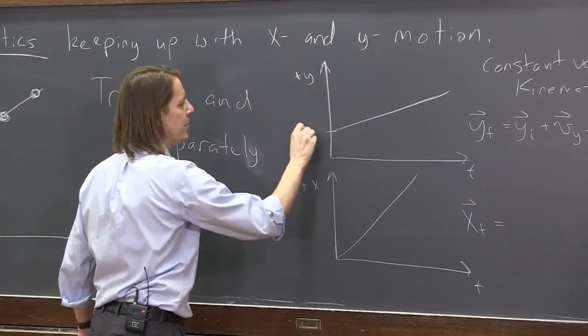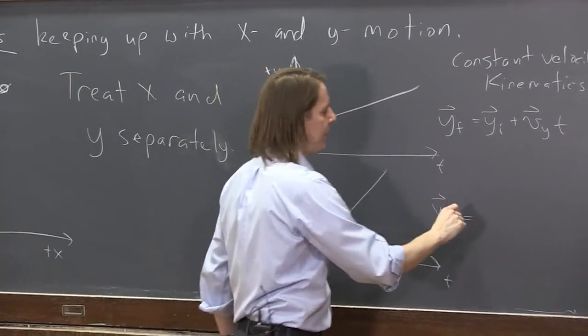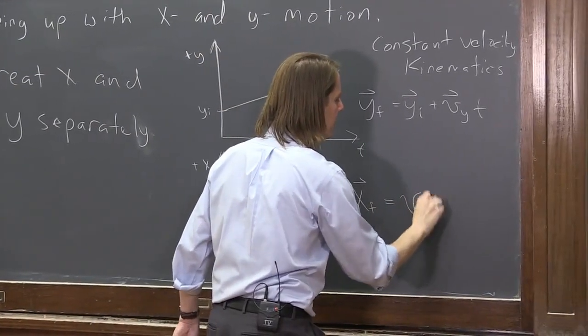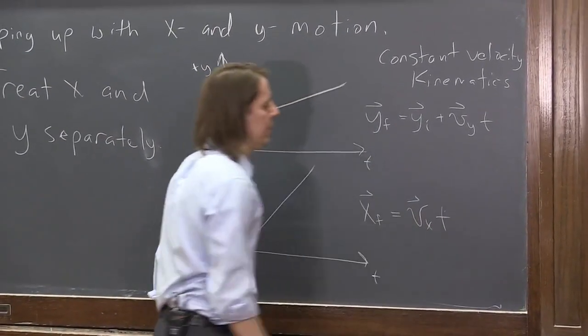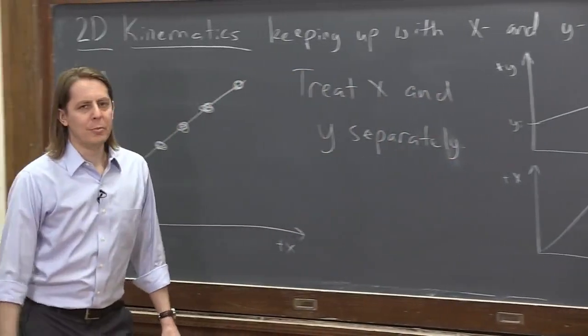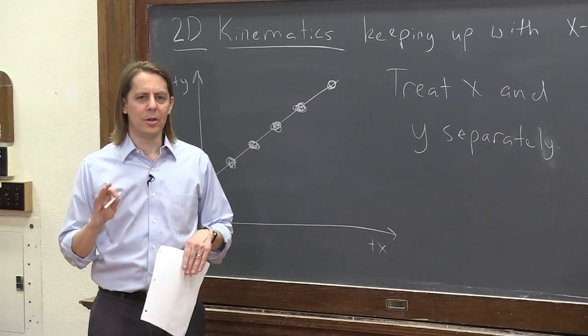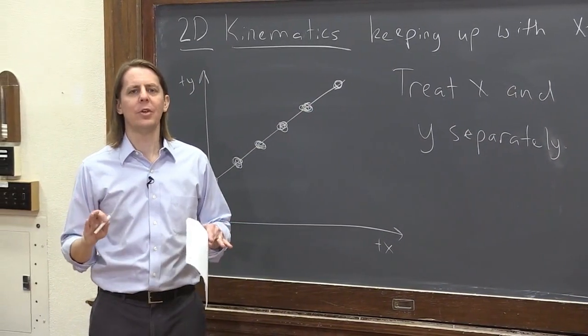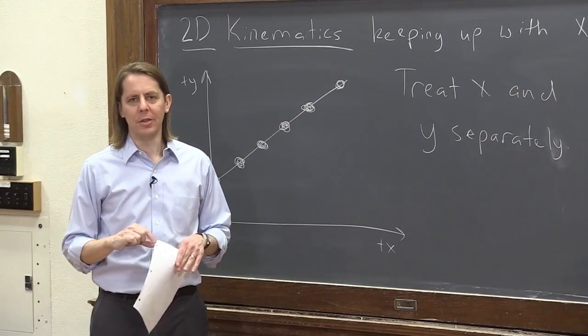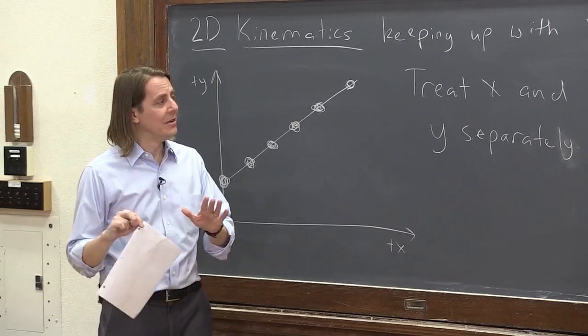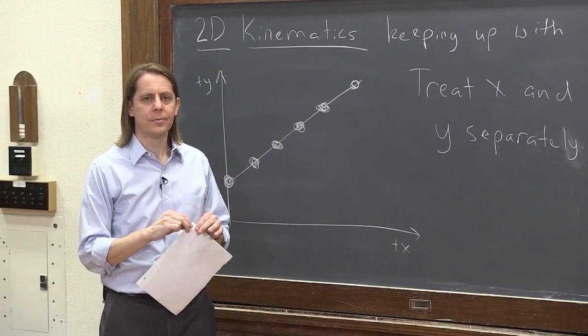This one had a y initial and this one doesn't. So x final equals v_x t. You could do them completely separate, and that's one way you can do it, but actually in the next board I'm going to show you how to do it a little bit more sophisticated. It's actually better to keep it all together, so we'll show you that next. But in principle, it's just 2 separate motions.